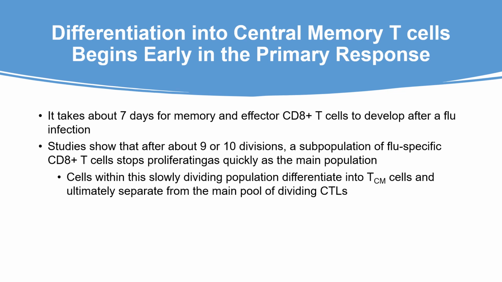They ultimately separate from the main pool of dividing cytotoxic T lymphocytes. So they seem to arise somewhere around those divisions 9 to 10 in that first week or so of proliferation. They sort of branch off from the rest of the T cells.